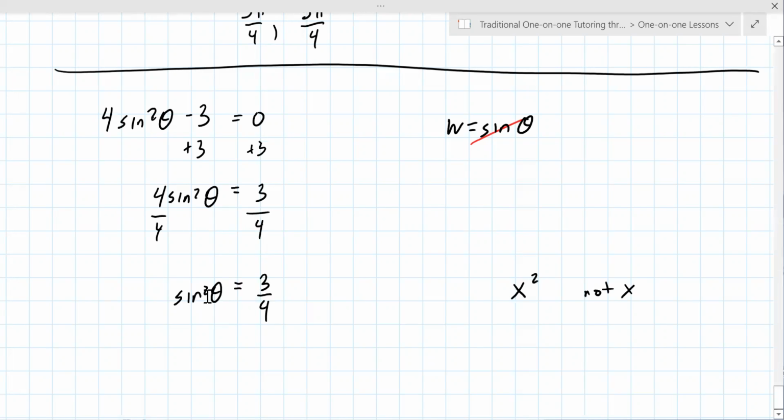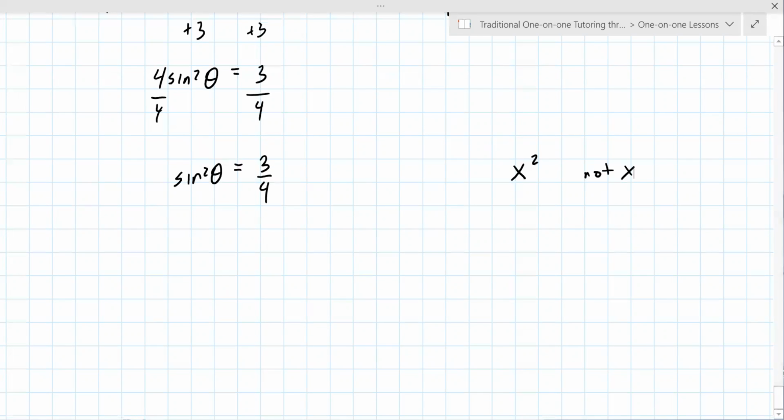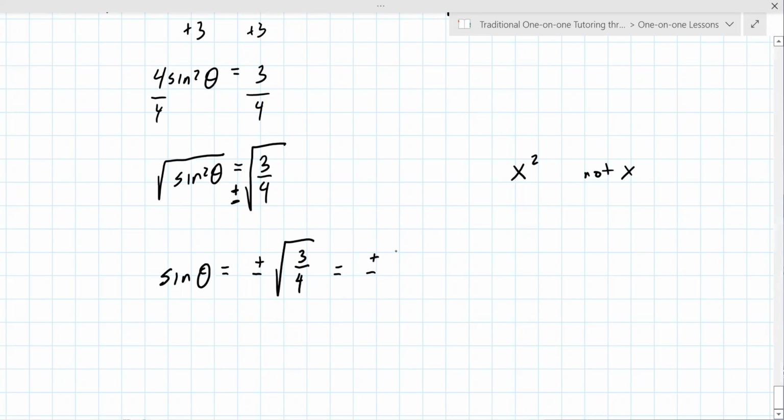So you undo the square with a square root. You take a square root of both sides, but super important to remember it's plus or minus. This becomes sine theta equals plus or minus the square root of 3 over 4. Now, if you look on your unit circle, there is no square root of 3 over 4. So you have to remember properties of roots.